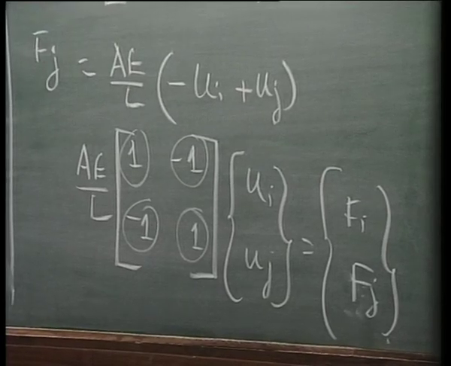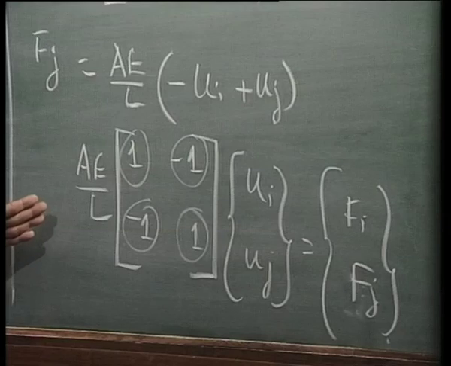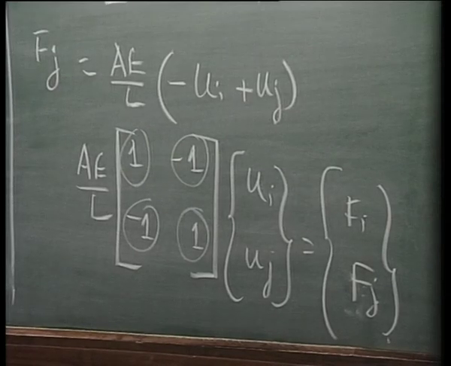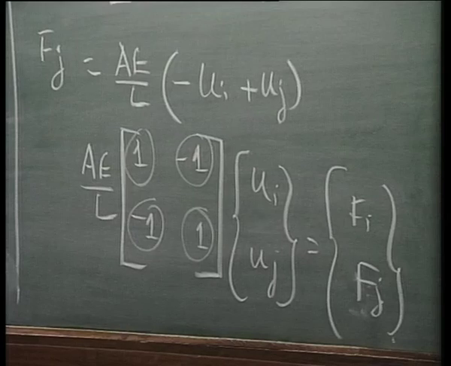Very rarely do we come across matrices which are not symmetric, and in this course most of the problems, except when we go to contact, we will only be dealing with symmetric matrices. Some of the large deformation problems have, of course, non-symmetric matrices. Let us not worry about it, but as you correctly said, the next thing that you observe is that this matrix is a symmetric matrix.